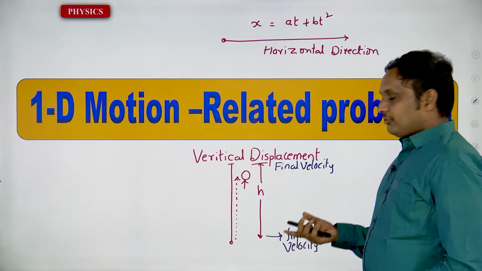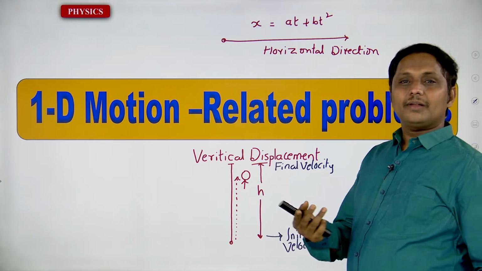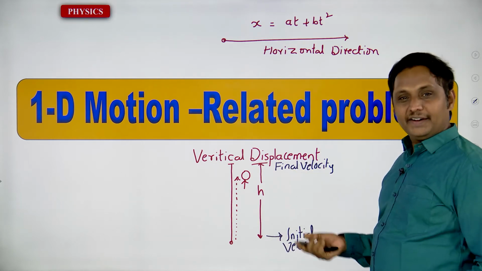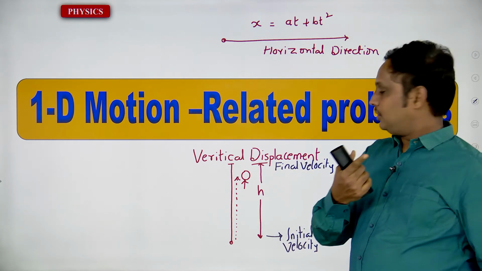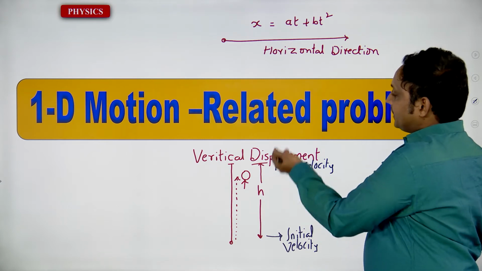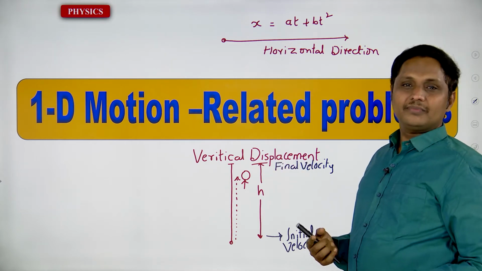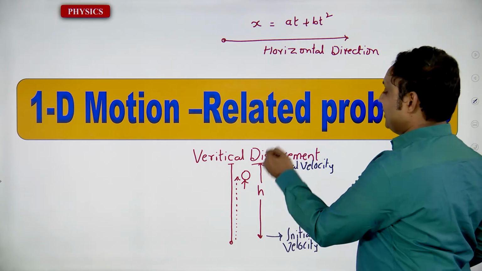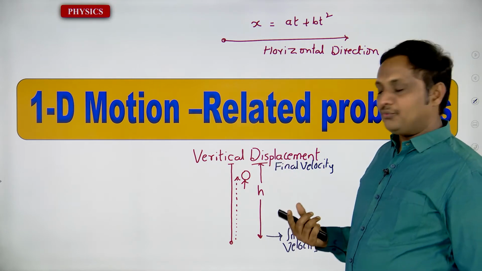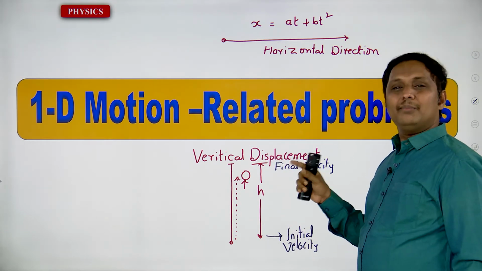If your body is thrown up in a perpendicular direction, let us assume it covers a vertical displacement, simply h. Sometimes we can confirm it is the maximum height.